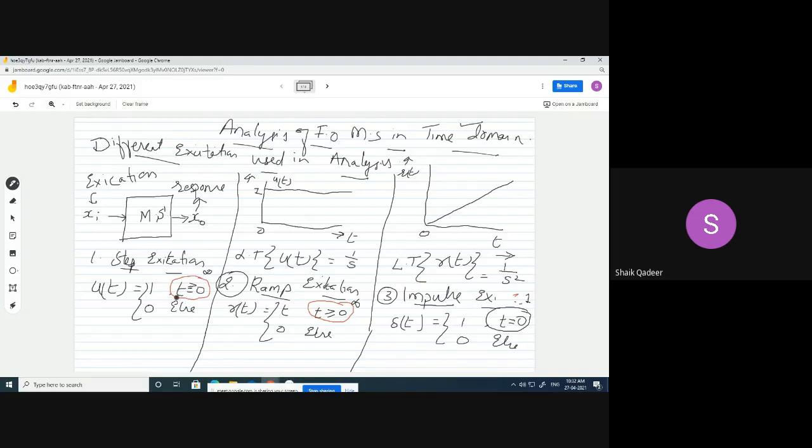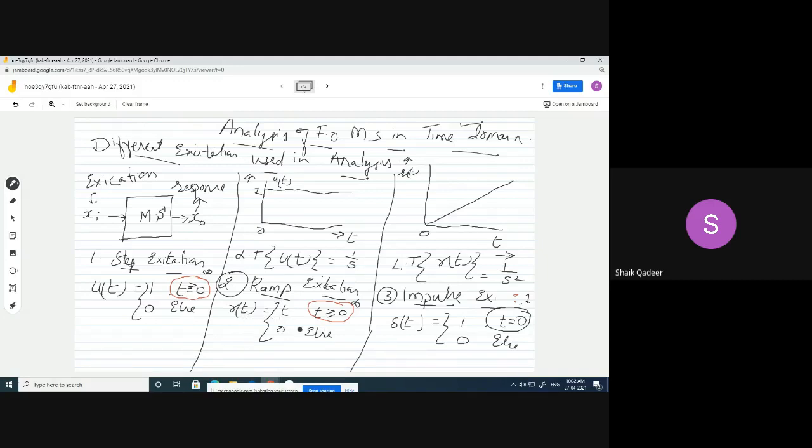This is represented as t greater than or equal to 0, and it is equal to 0 in else cases. Its drawing is like this. From 0 to infinity, its magnitude is 1. The Laplace transform of u of t is equal to 1 by s.